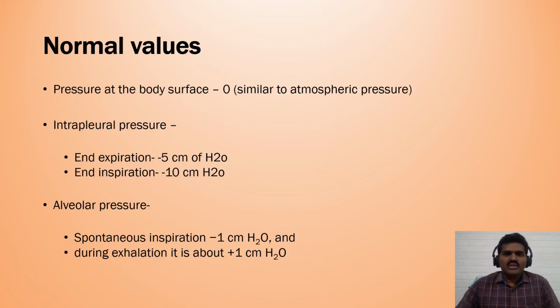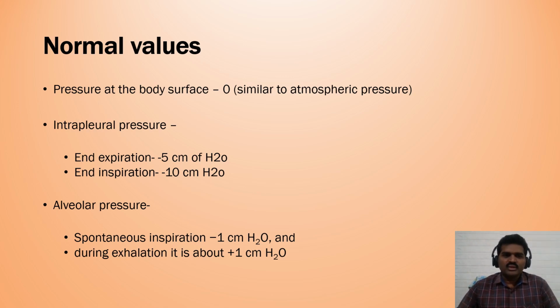The normal values for those pressures: the pressure at the body surface is similar to atmospheric pressure, so effectively there is zero pressure. Intrapleural pressure at the end of expiration is minus 5 centimeters of water. At the end of inspiration, it's minus 10 centimeters of water. The pressure in the alveolus in a normal person who is breathing is negative.